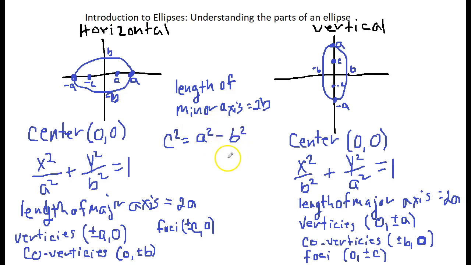I could solve this for A and say that A squared is equal to C squared plus B squared by adding B squared to both sides, but that might be a little confusing for some people, and they might mix it up with their Pythagorean theorem. Just remember, C is focus, the coordinates of a foci.